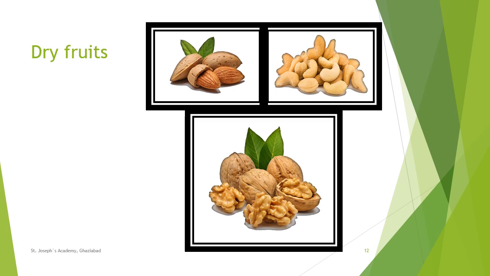All of these are the dry fruits which we all love to eat. These are also the parts of the plants which we eat as the dry fruits. Almond, cashew nut and walnuts are the dry fruits we eat.